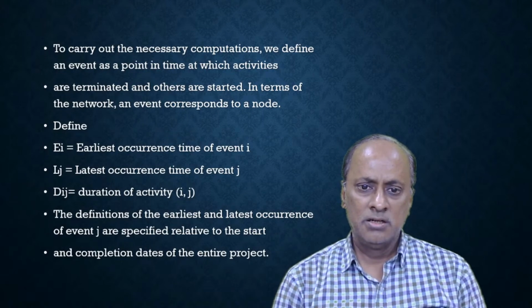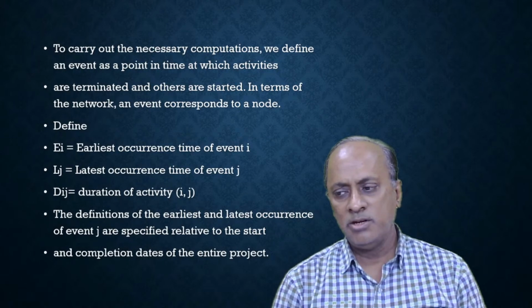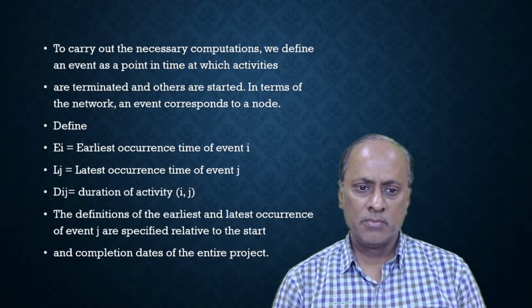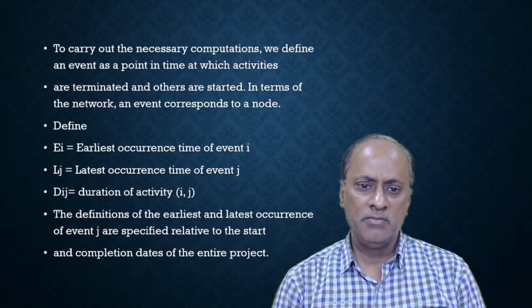Define the earliest occurrence time of event I. So what is the earliest occurrence time? It is the earliest time at which an activity can occur or can start. The latest occurrence time of event J is the latest time by which an activity can be completed. Then there is the duration of the activity.